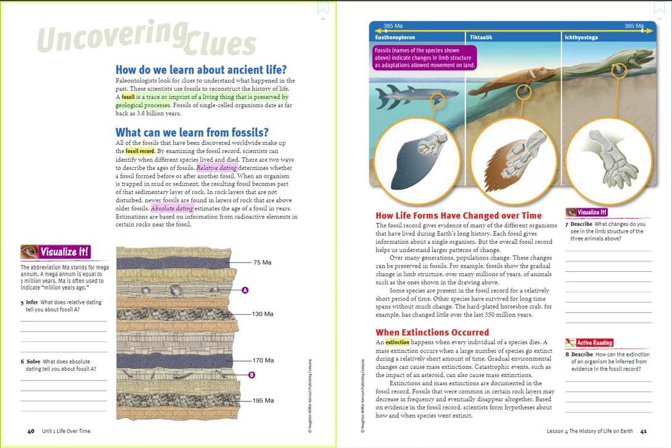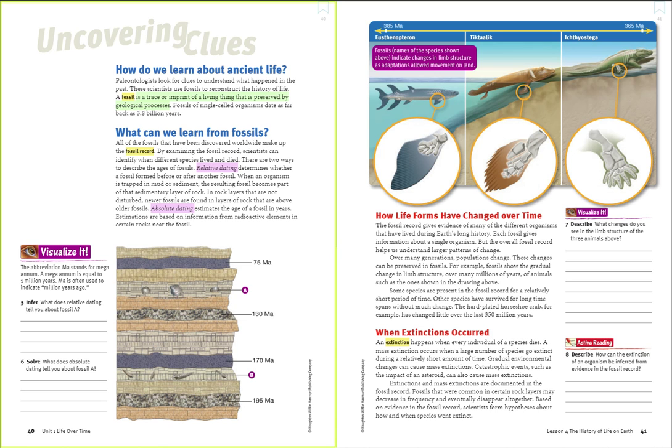For question number 5, what does relative dating tell you about fossil A? Simply, the answer is that organism A lived more recently than organism B. But question number 6 asks what absolute dating tells you about fossil A. Simply, it lived between 75 and 130 MA, or million years ago.